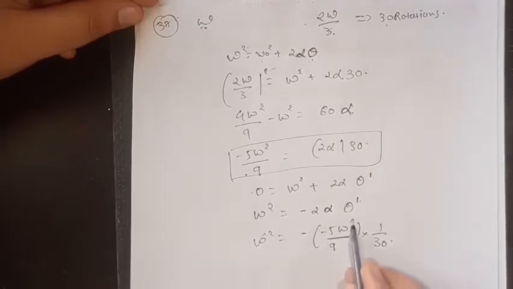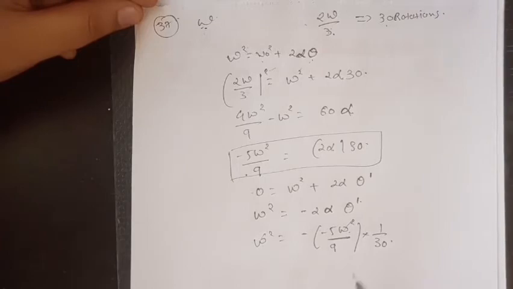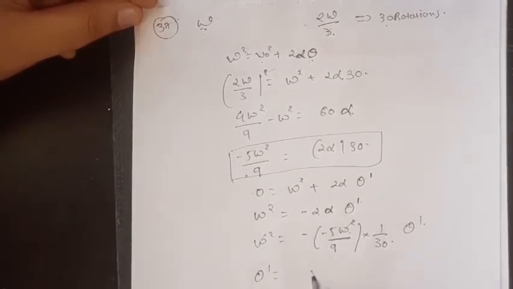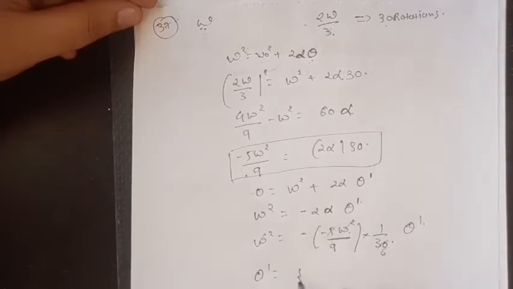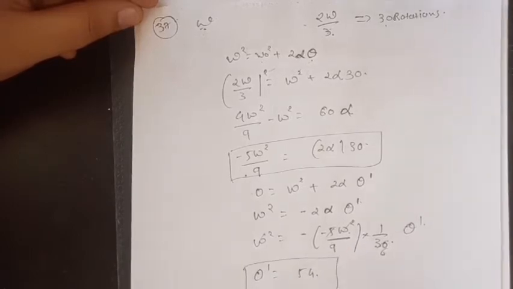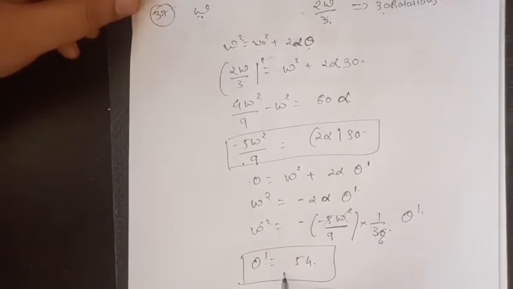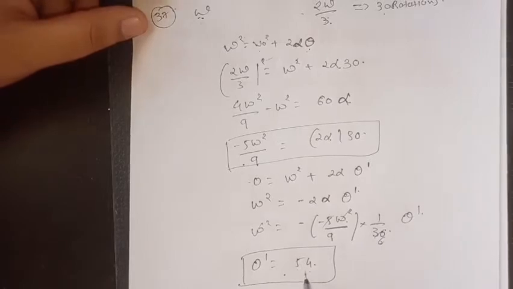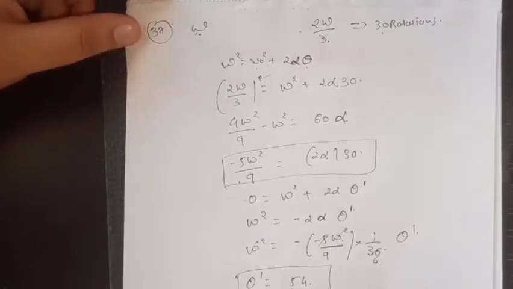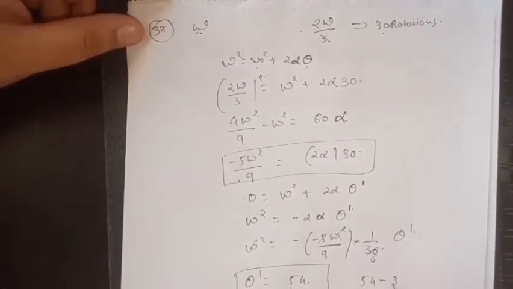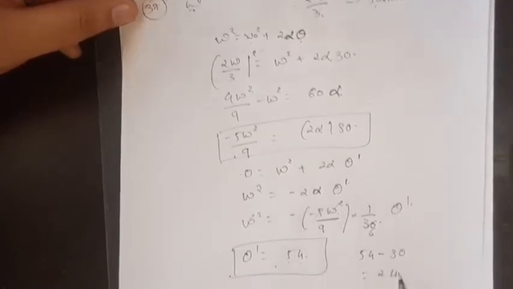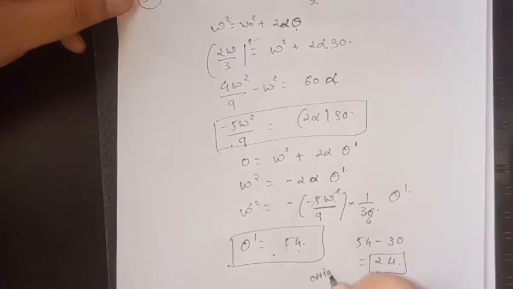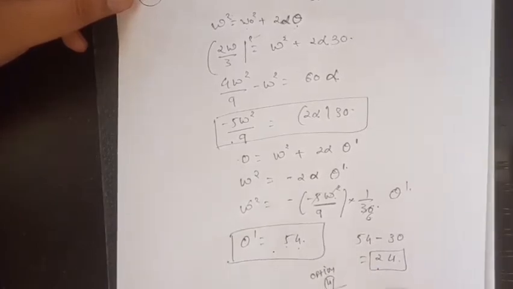This omega square will get cancelled out. So theta dash will be 54. So the total number of revolutions or rotations it made before coming to rest is 54. You have been asked how many further revolutions. That means 54 minus 30 is equals to a total of 24 revolutions it will make. So option 4 is the correct option.